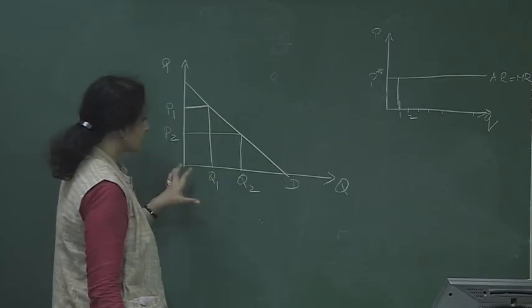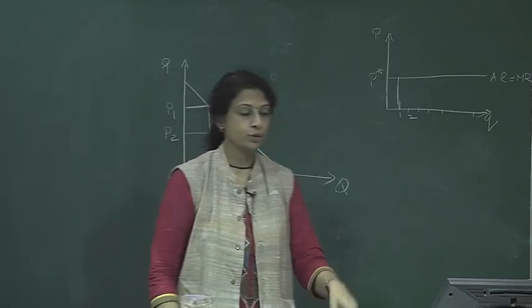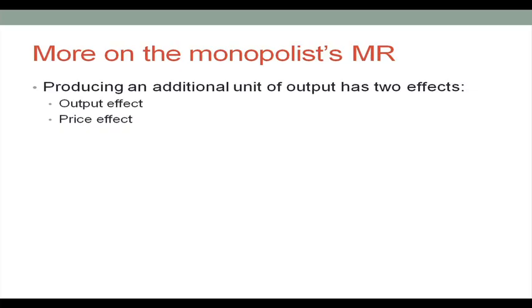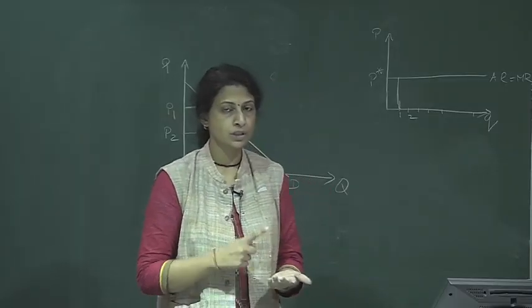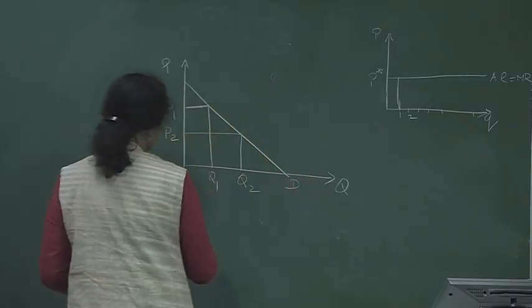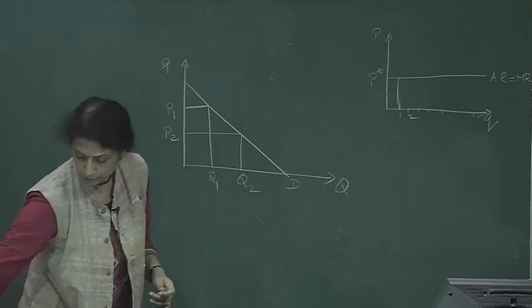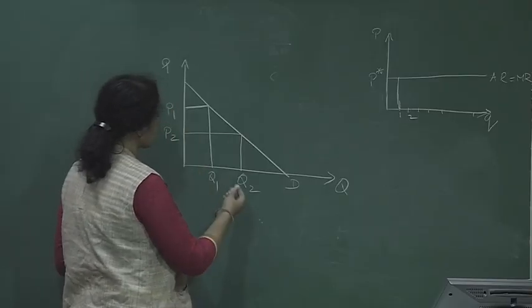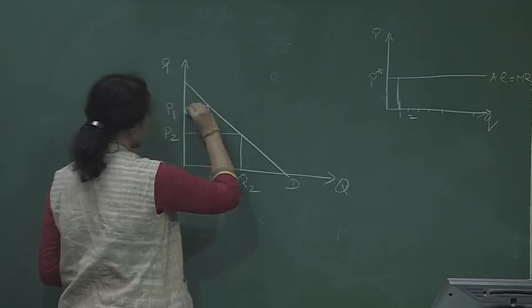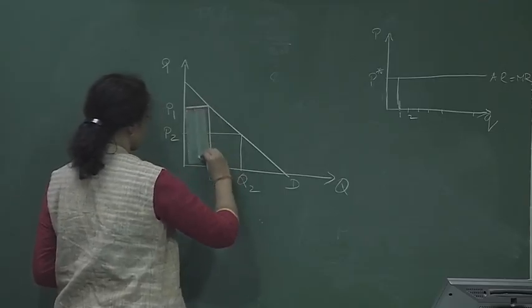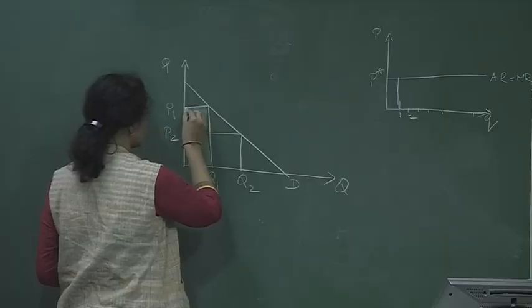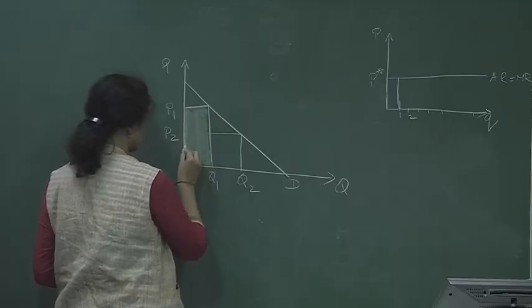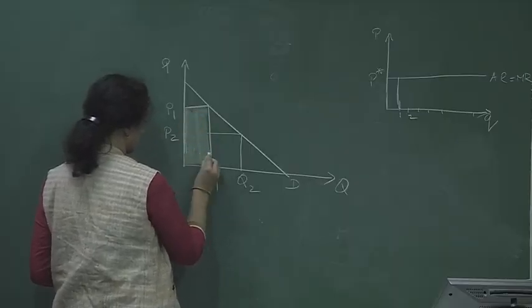So, when we say output effect and price effect, as soon as the unit of output is increased, there is a new revenue. What was the revenue that he was getting earlier?